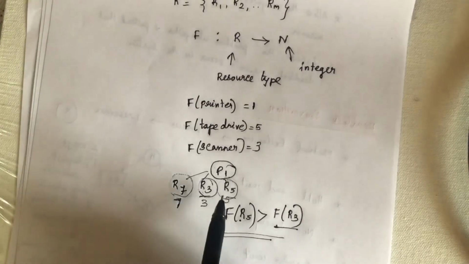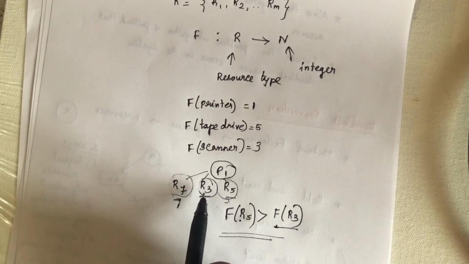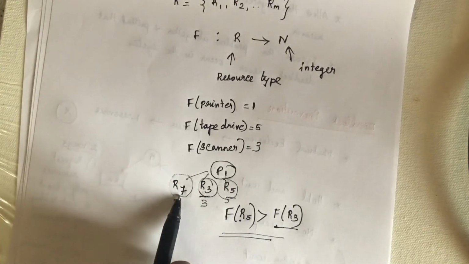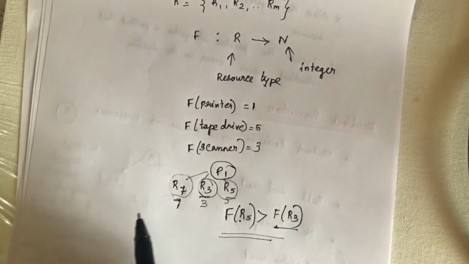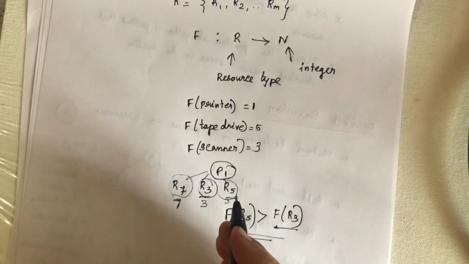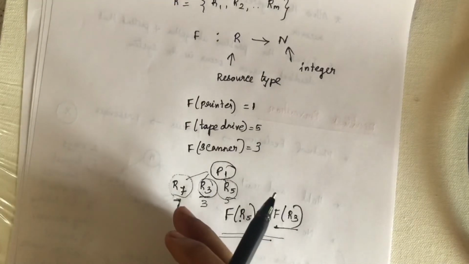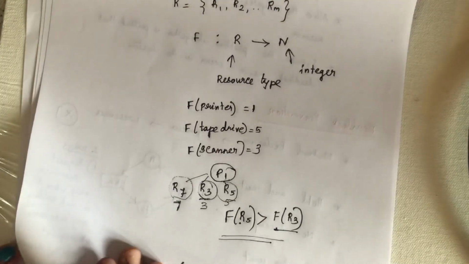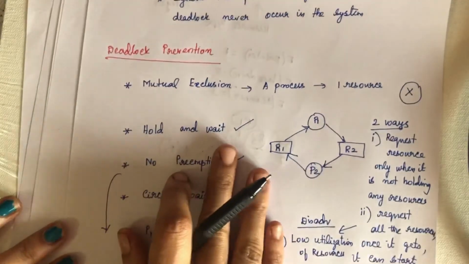So first it requests R3, then it can request the next in increasing order, R5. Then it can request the next in increasing order, R7. So if you go in this increasing order of enumeration, then we can avoid circular wait. In this way we can avoid circular wait, and we can also prevent the deadlock.